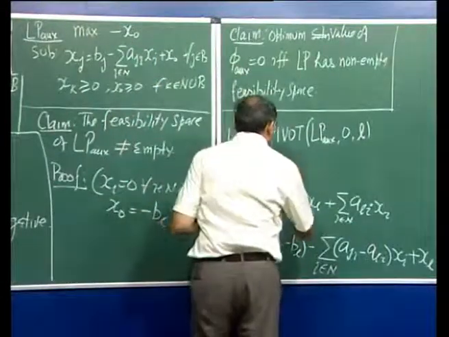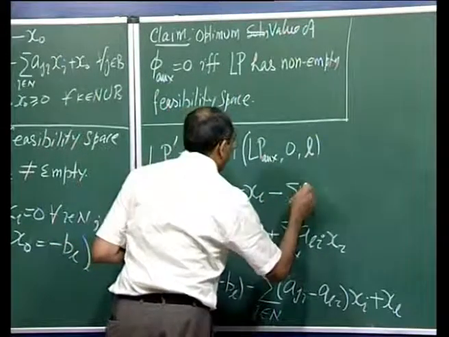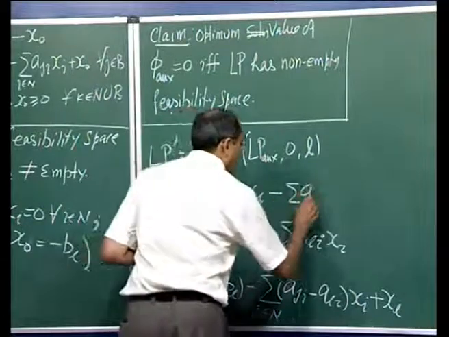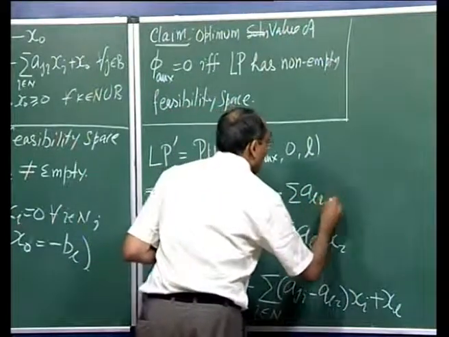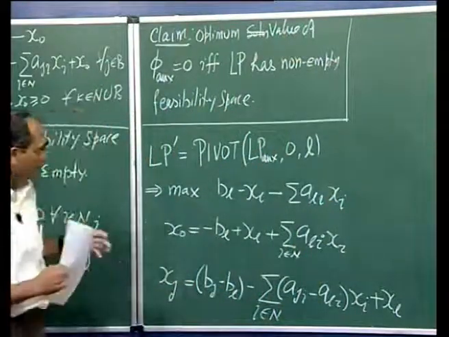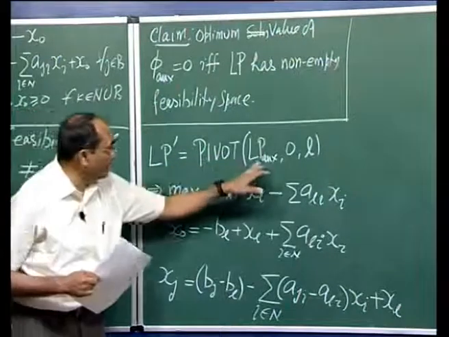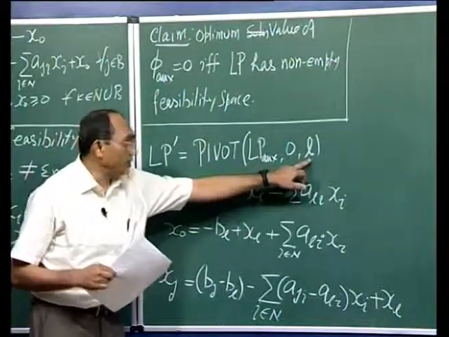So it will become bl minus xl minus sum a li xi. This is our pivot, the new program after pivoting about these two coordinates.